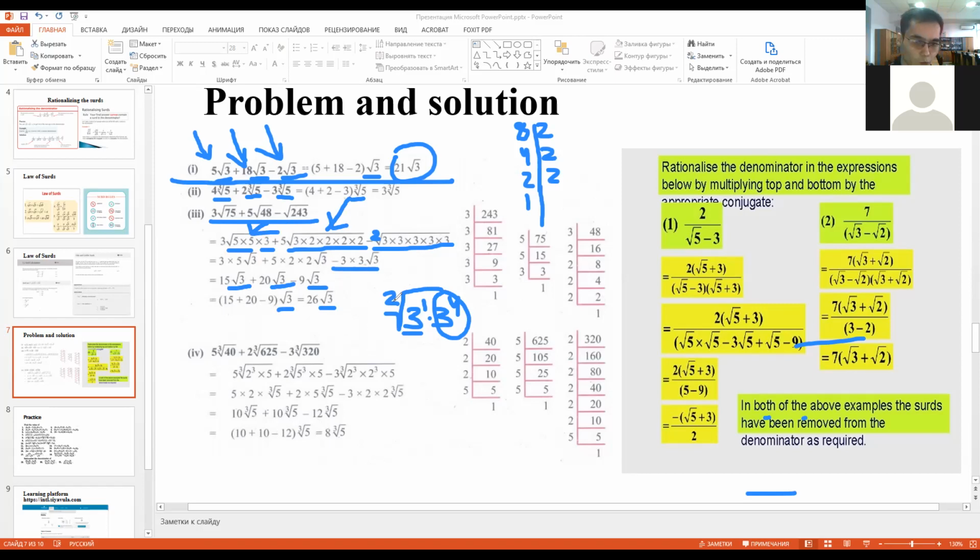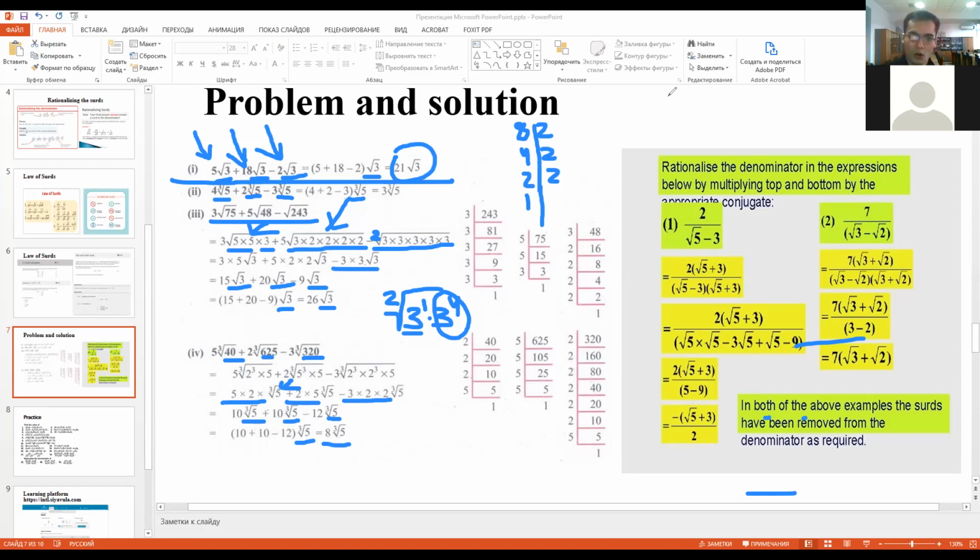Here also use prime factorization, taking the real numbers out of the roots and leaving the unrootable numbers under the roots. Then you take the common multiple here, and you got this expression.